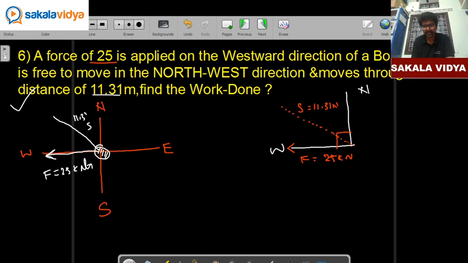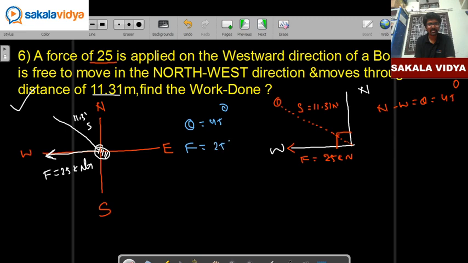The total angle between north and west is 90 degrees. So what is the angle of northwest? Theta is equal to 45 degrees, 90 divided by 2. So theta is equal to 45.